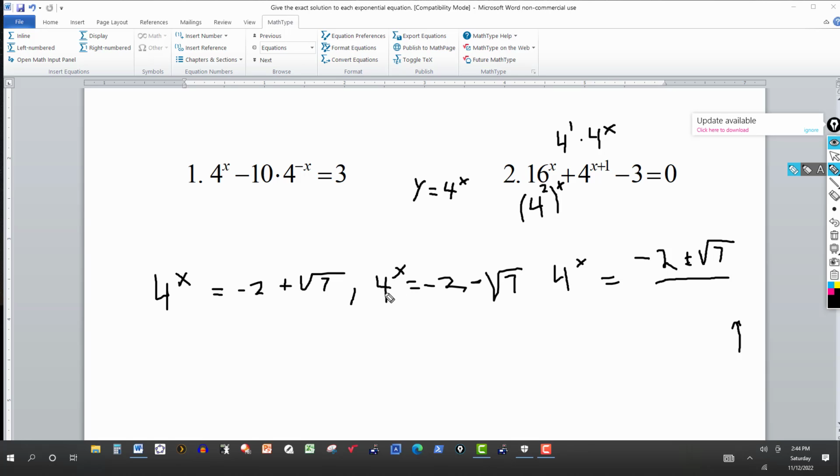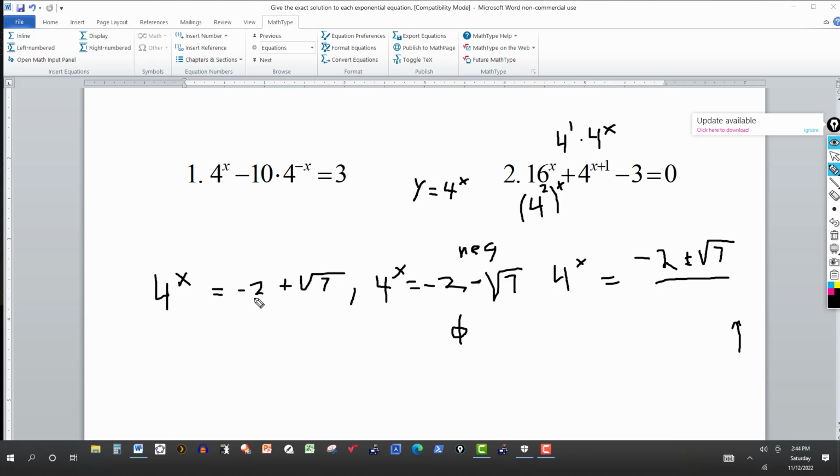Now again, I told you, if you have a positive base to any power, that's always going to be positive. So note here I have a negative 2 and a minus the square root of 7. So this quantity on the right side is going to be negative. I can't have a negative equal to a positive, so this one has no solution. I have to reject that.